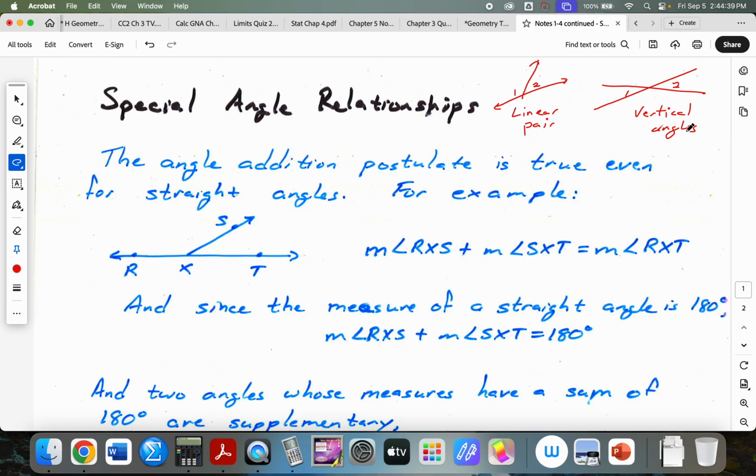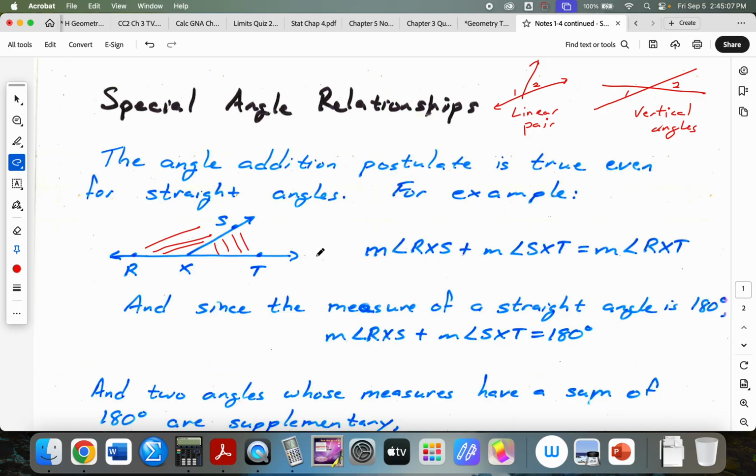So, for the first set, we did the angle addition postulate earlier, and it's true even for straight angles. For example, in this picture, the measure of angle RXS, which would be all of this part over here, plus the measure of SXT, that's all of this part, together that makes this straight angle, right?